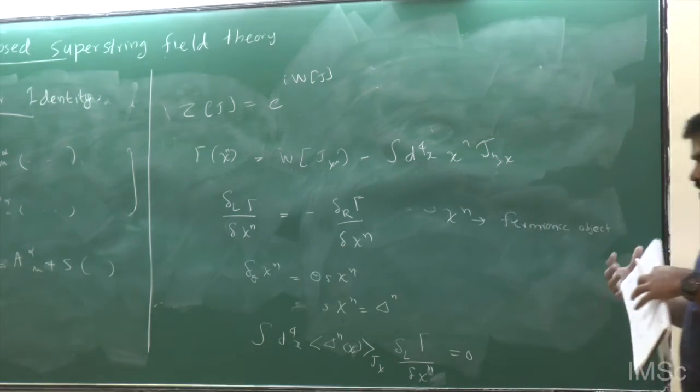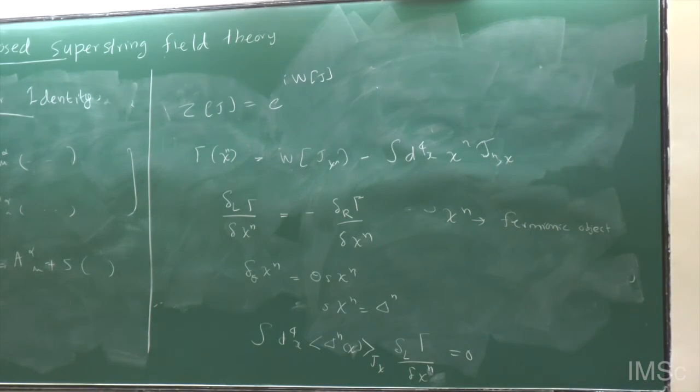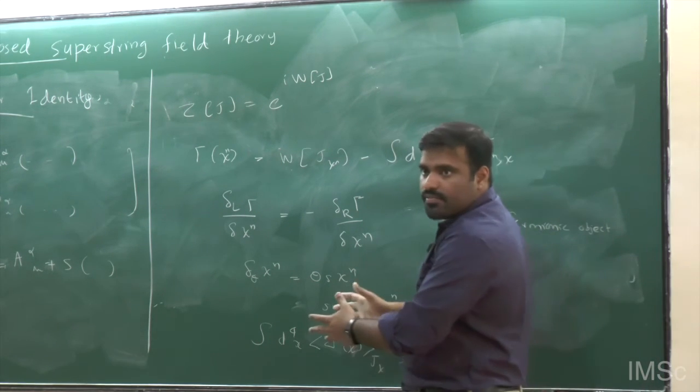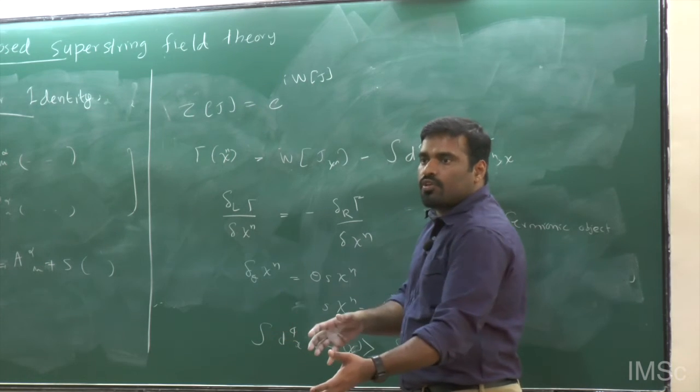So let's say you want to compute correlation function for some composite operator O_n. So the convenient thing to do is, you introduce a generating function which can generate that correlation function, right? For that you have to introduce a source for that particular composite operator. So here the composite operator is a BRST variation itself. So it's sensible to introduce a source for the BRST variation.